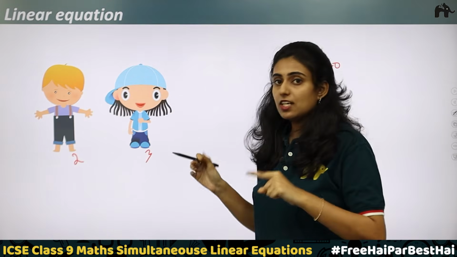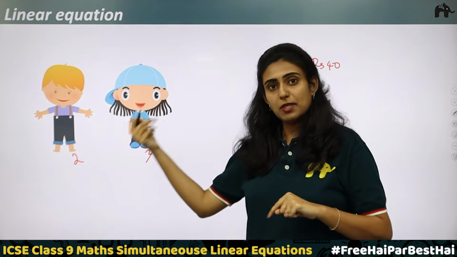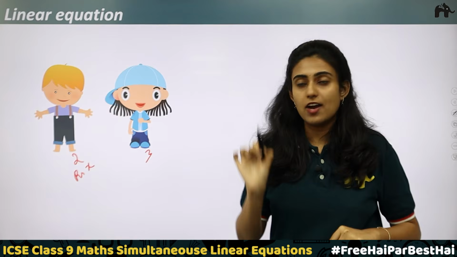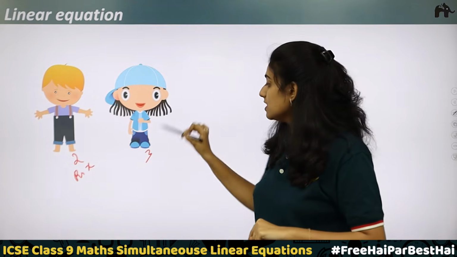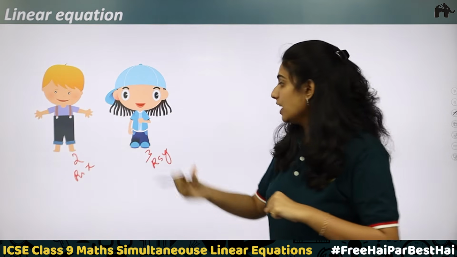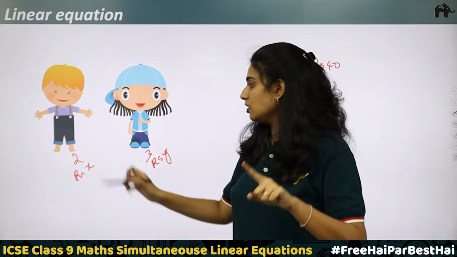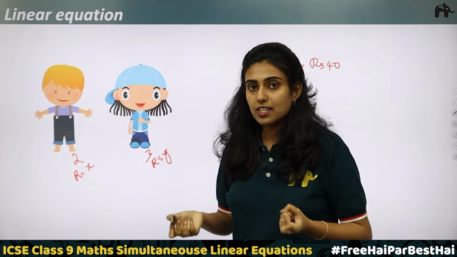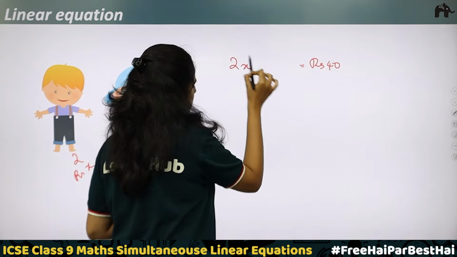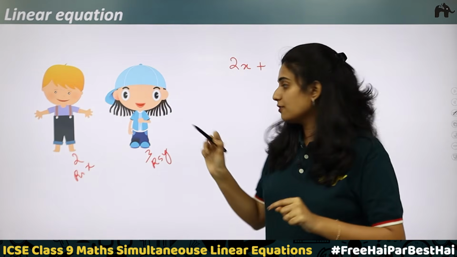Let the cost of 1 chocolate bought by the boy be x rupees, and the cost of 1 chocolate bought by the girl be rupees y. So, what is the total cost of chocolates bought by the boy alone? He is buying 2 chocolates. If 1 chocolate costs rupees x, for 2 chocolates it will be 2 into x. 2x plus, the girl buys chocolates of rupees y.